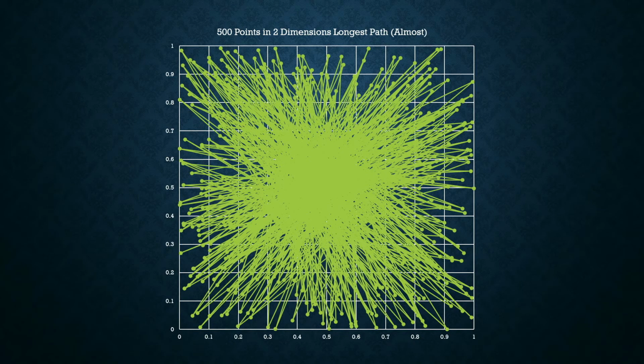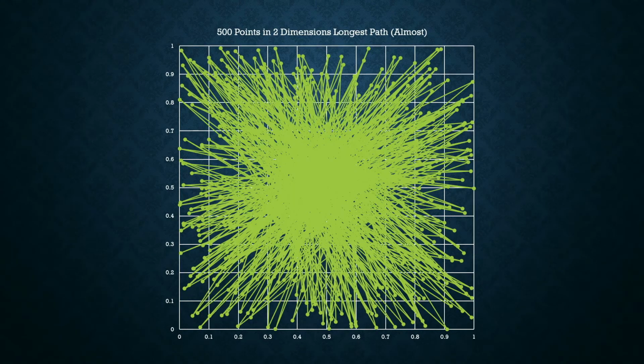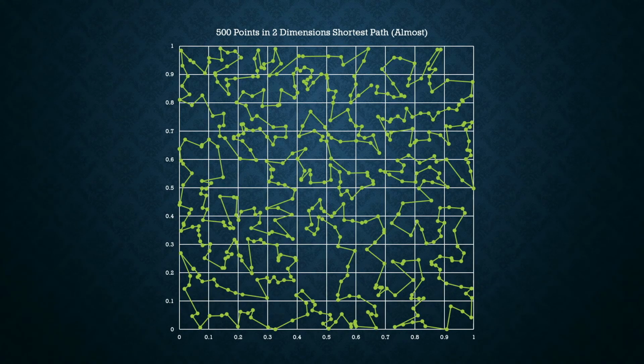Now here is 500 points in two-dimensional space sorted for the longest path. Compare that to the shortest path. Now if you look back and forth, you see the notes themselves are not changing. It's just the order that they are in the path. And in this case, it'll be syncopated because we'll go from a short note to a long note and a loud note to a soft note.